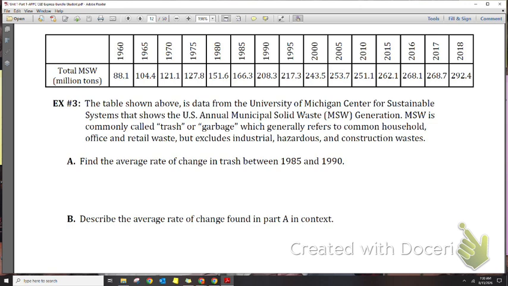Okay, so we can see in 1985 and 1990. So there's the numbers we're using. So our average rate of change, I'll do my skeleton. So I'm going to let this be x1, y1.